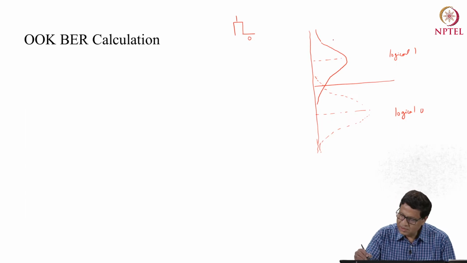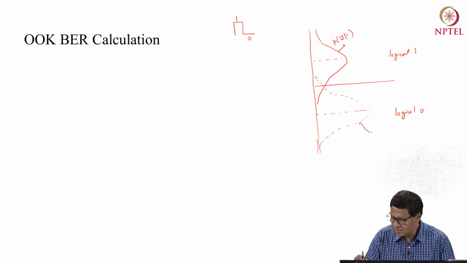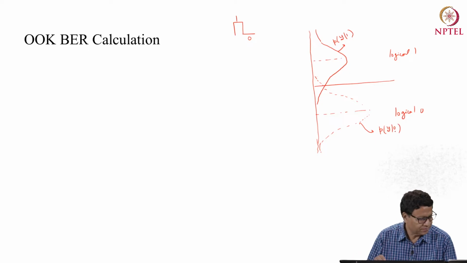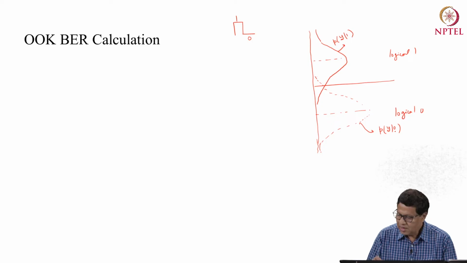Let us call this the probability of the received signal when 1 was transmitted, p(y|1), and this is the probability of the received signal y when 0 was transmitted. And this is a threshold I have put here. Let us call this VTH.